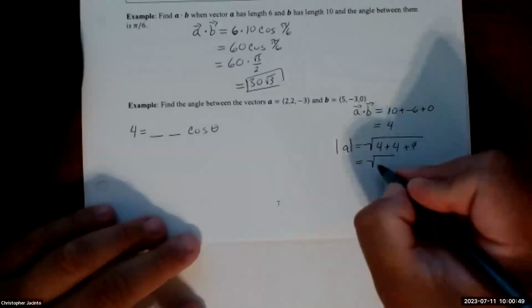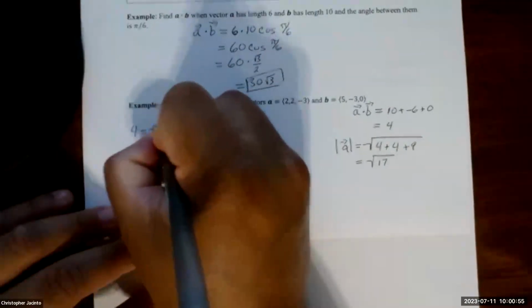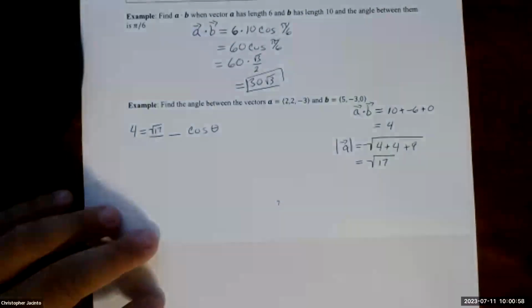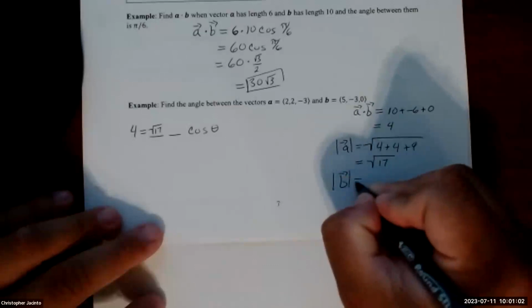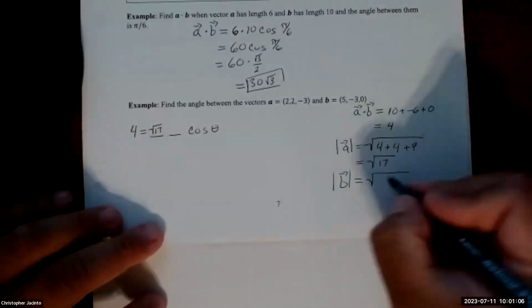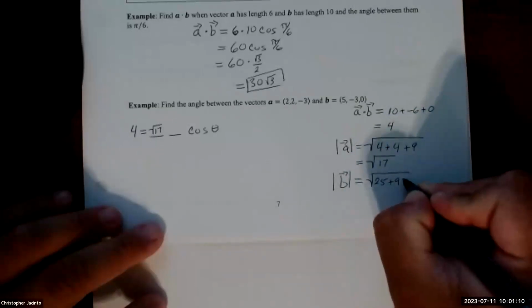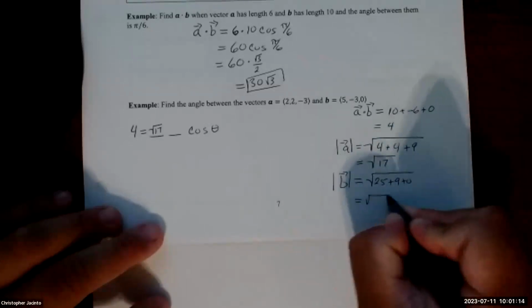So 4 plus 4 is 8, and then 8 plus 9 is 17. So the length of A is the square root of 17. And then do the same thing for B. So 5 squared is 25, negative 3 squared is 9, and 0 squared is just 0. So this is the square root of 34.